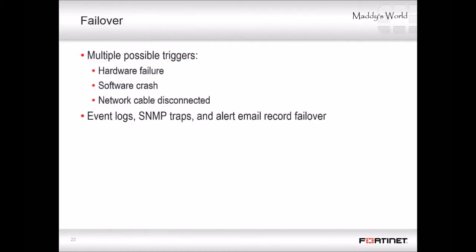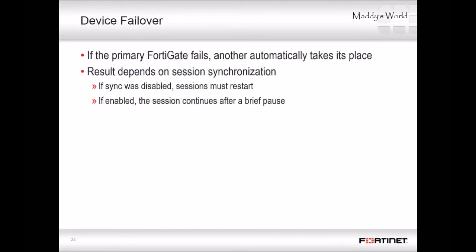Failover has a few possible causes. Let's look at each. When a FortiGate leaves an HA group due to, for example, a broken power supply unit, another FortiGate will automatically take its place. If your cluster is not set up to synchronize sessions, then all communications will be reset.